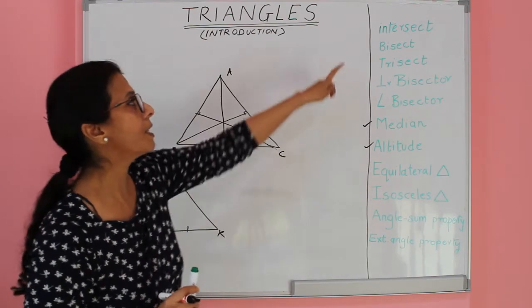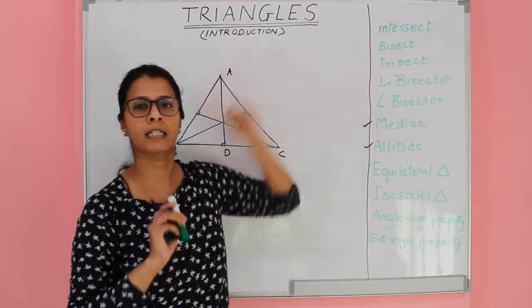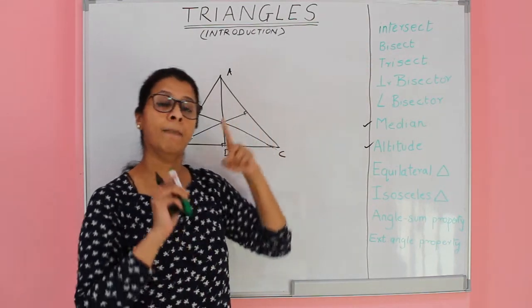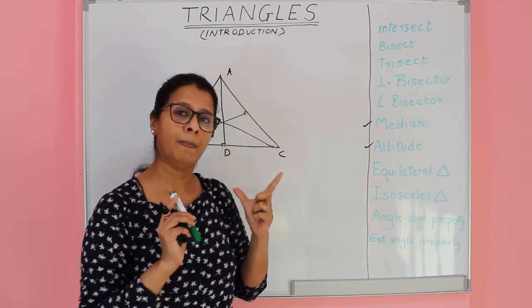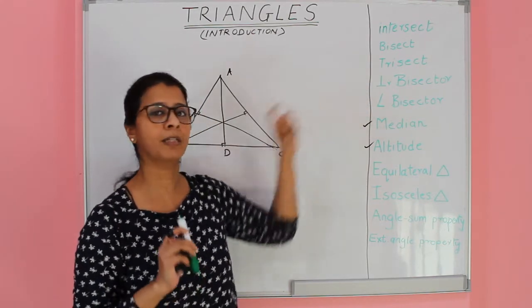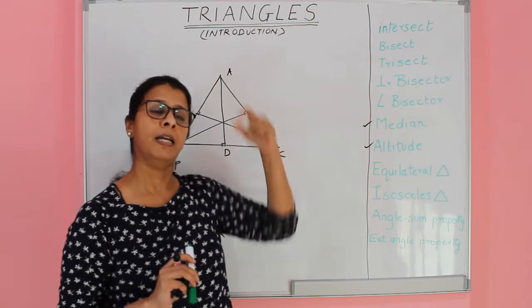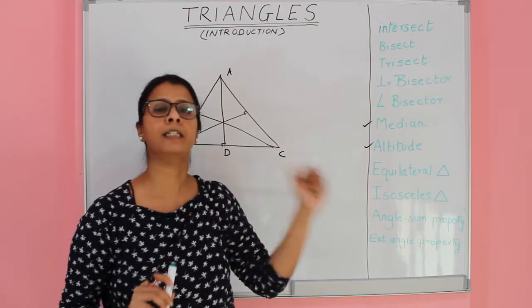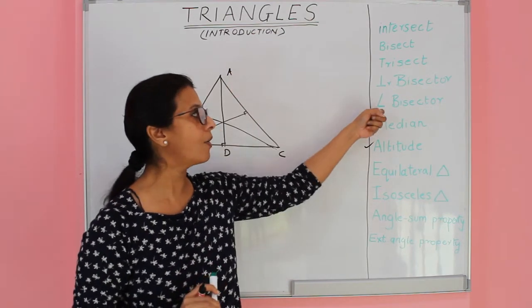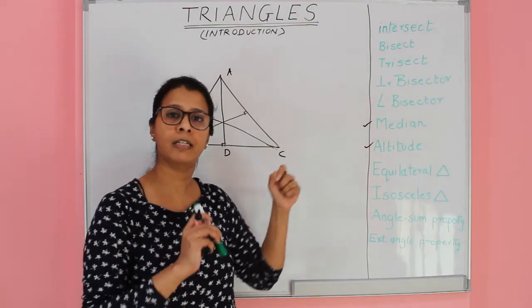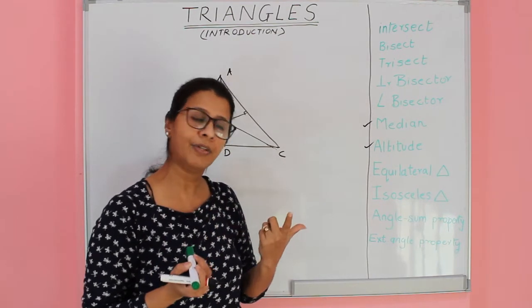Got it till now? What is intersect, bisect? Intersect means just cutting the two lines, bisect means cutting it into two equal parts. Trisect means cutting it into three equal parts. Perpendicular bisector means it is perpendicular as well as it is bisecting. Angular bisector means the line which is dividing the angle into two equal parts.